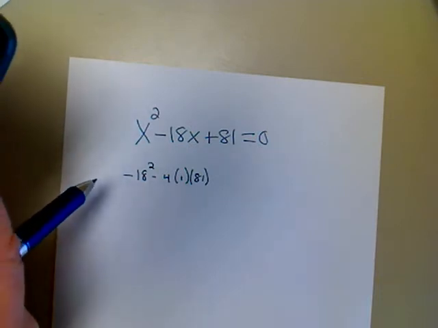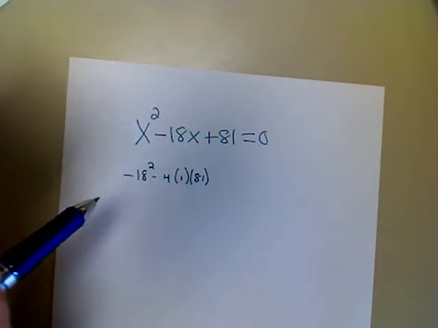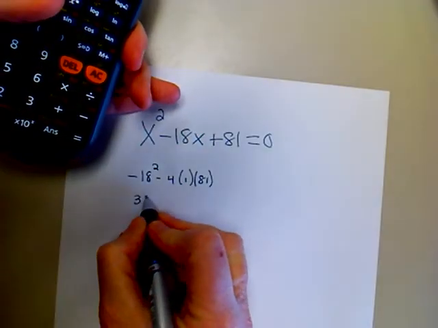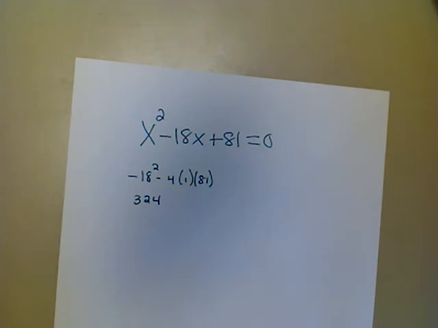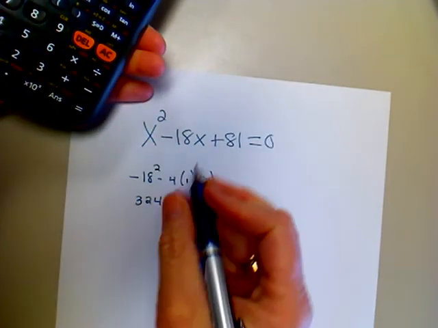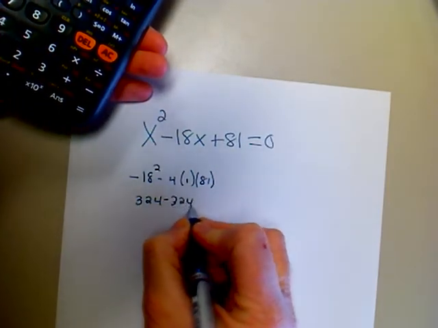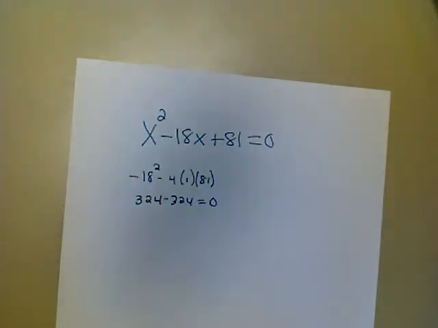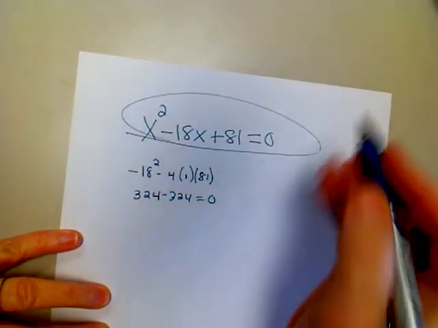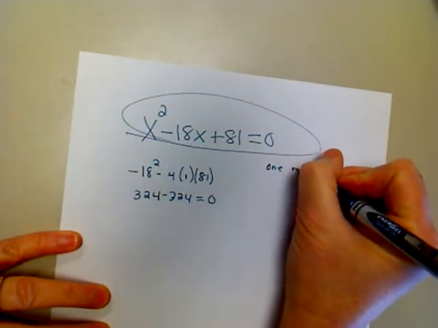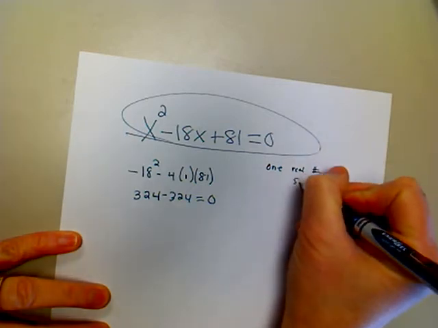So 18 squared is 324. And then 4 times 81 is also 324. So it's going to be 324 minus 324, which equals 0. And remember what I said here, if the discriminant equals 0, then that means you have, for this problem, one real number solution.